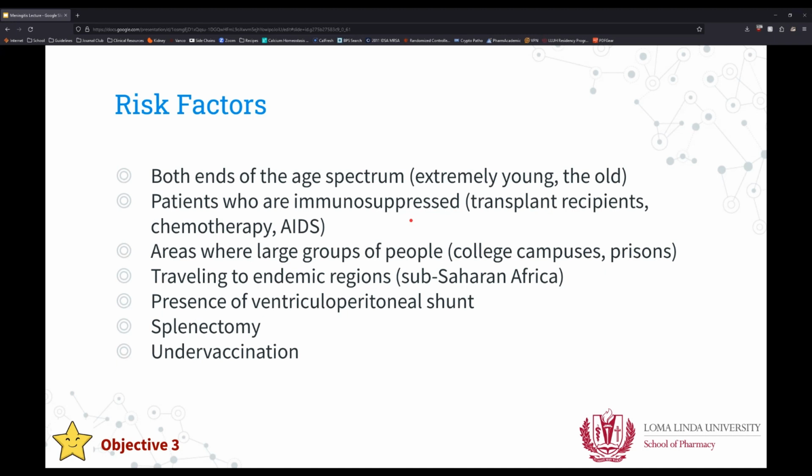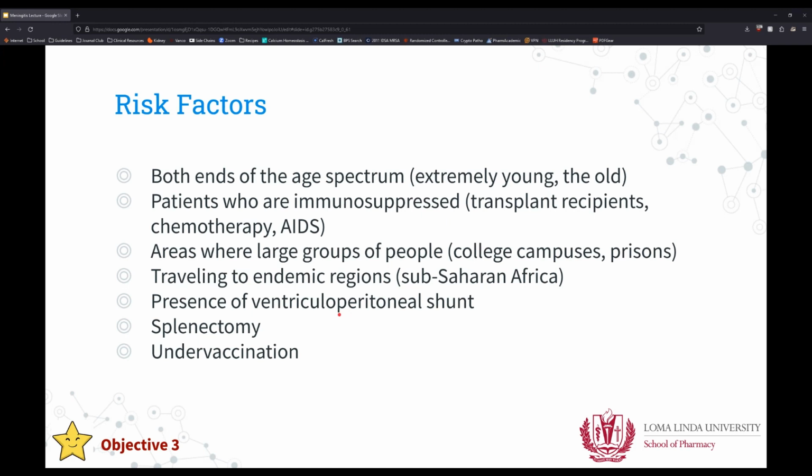Another risk factor is the presence of ventricular peritoneal shunts, where some patients might have too much CSF fluid, which can increase their intracranial pressure, so a specific shunt is placed. This is typically called a VP shunt, and it helps funnel some of that CSF fluid down into our peritoneum to relieve the intracranial pressure.